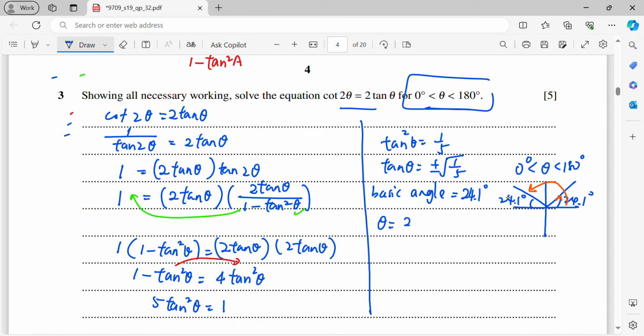So therefore I will write 24.1 degrees and the other one is 180 minus 24.1 degrees. And then at last you will be getting 24.1 degrees and 155.9 degrees. So that's your solution of this question.